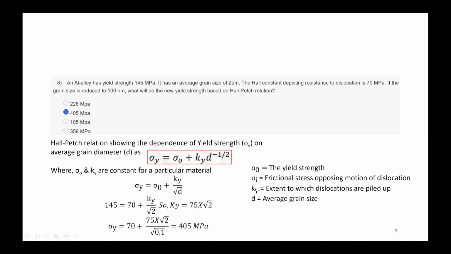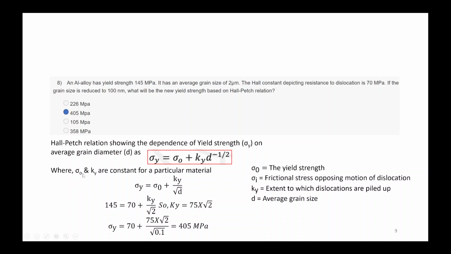These two, sigma naught and ky, are constants, so we can find their value. One's value is already given here, so 70 is your sigma naught. You have to find out ky using initial parameters, then we can put all the parameters and find out sigma y at the 100 nanometer grain size.